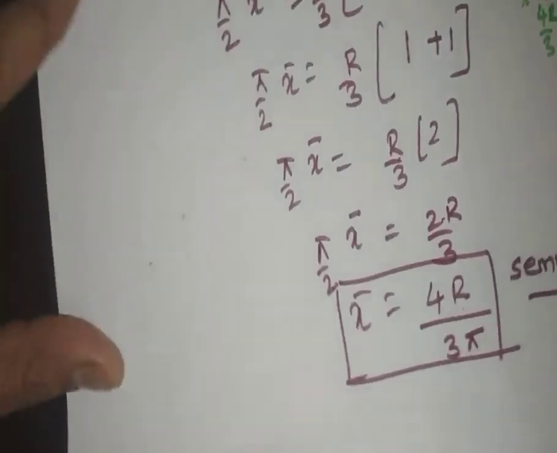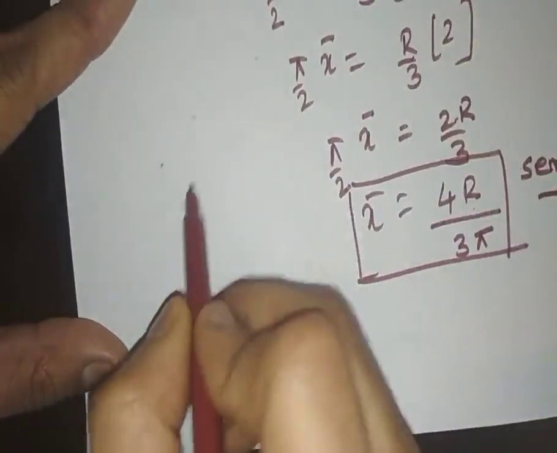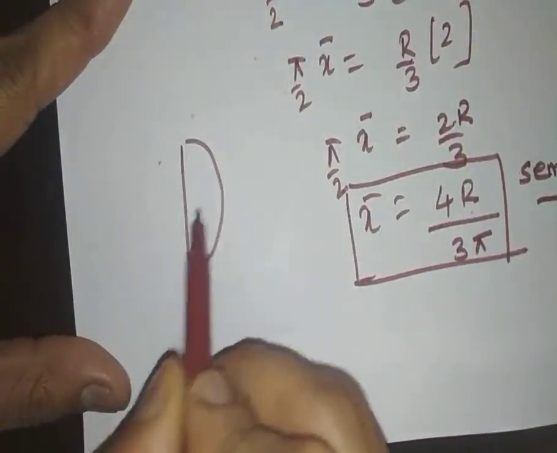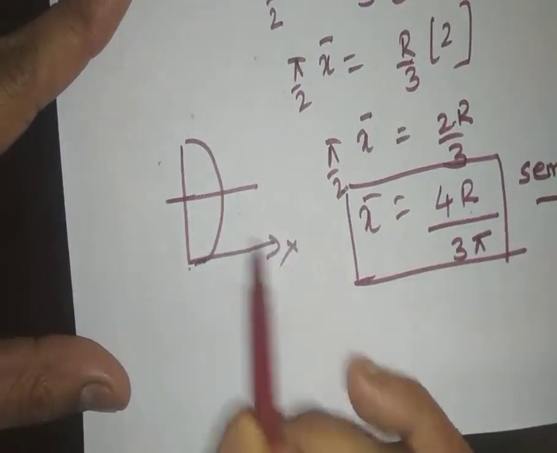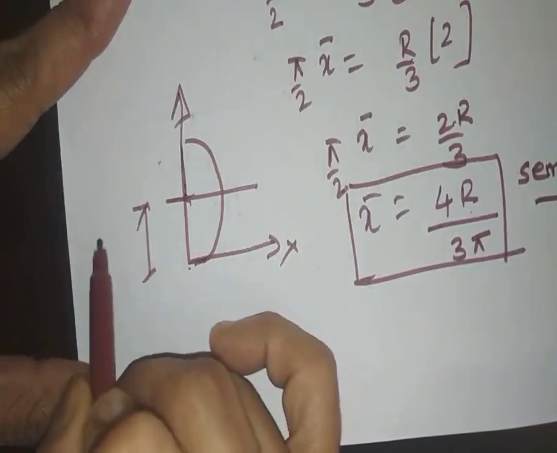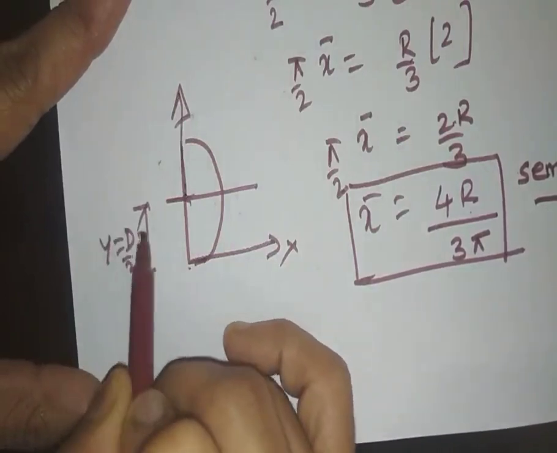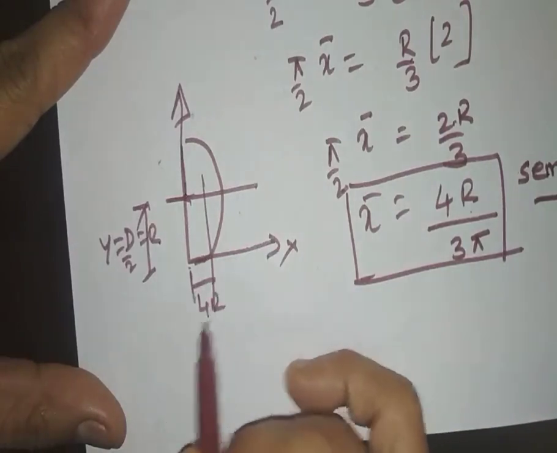So if we consider the same semicircular portion with reference to the origin here, that is if I draw the semicircular portion again with reference to a certain location. Now if this is a semicircle, symmetric about x-axis, and the x-axis and y-axis have been placed at a faraway location, that means y will be d by 2 or r and x will be 4r by 3 pi.